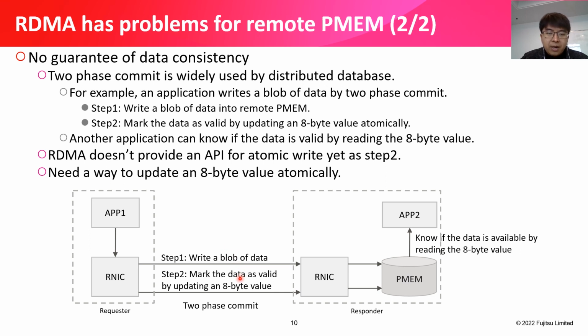Step 2, mark the data as valid by updating an 8-byte value atomically. Another application can know if the data is valid by reading the 8-byte value. RDMA doesn't provide an API for atomic write yet as in step 2, so we need a way to update an 8-byte value atomically.